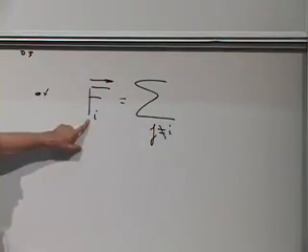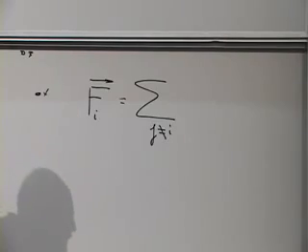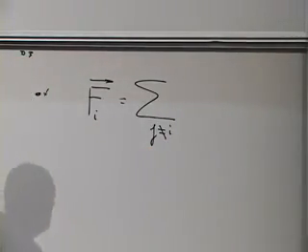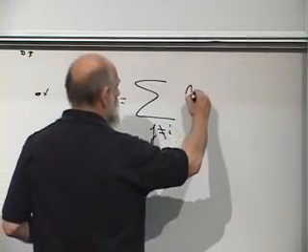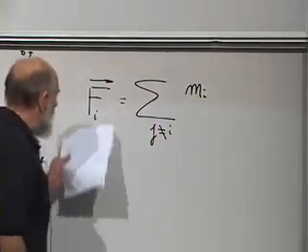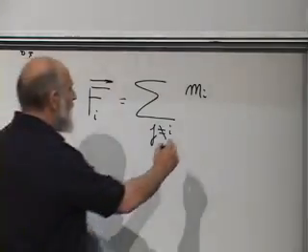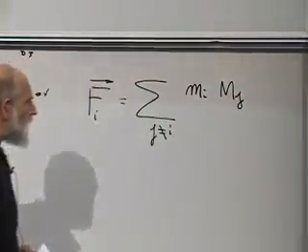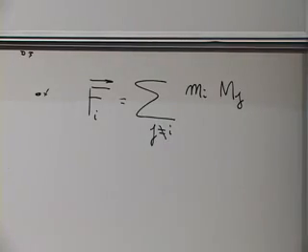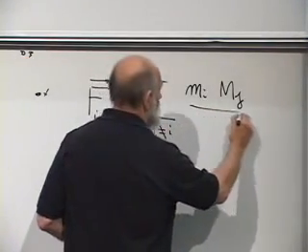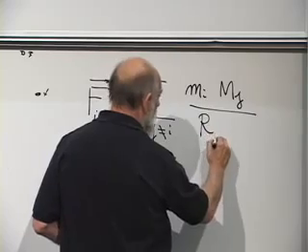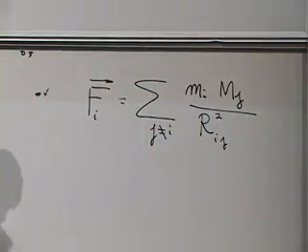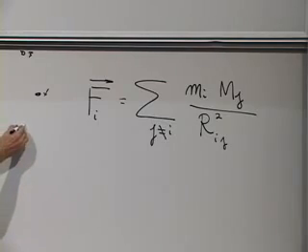So the force on the first particle doesn't come from the first particle. It comes from the second particle, third particle, fourth particle, and so forth. Each individual force involves m sub i, the mass of the ith particle, times the mass of the jth particle. Product of the masses divided by the square of the distance between them, let's call that R_ij, squared.